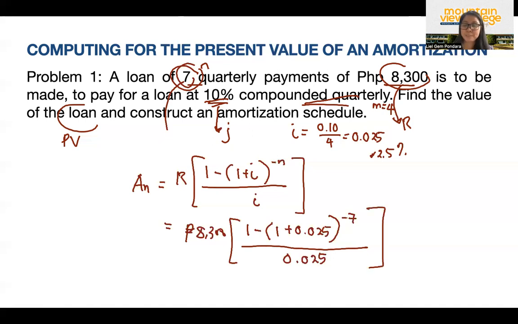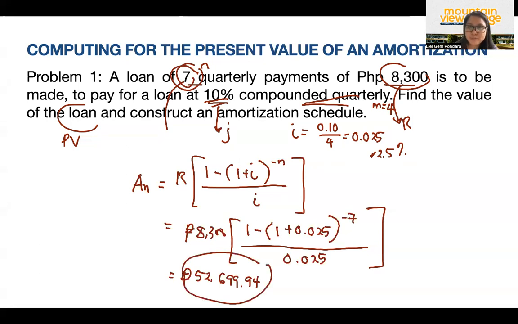Now, what is our present value? The present value is 52,699.94. Okay, so that's it. This is the loan that was made.